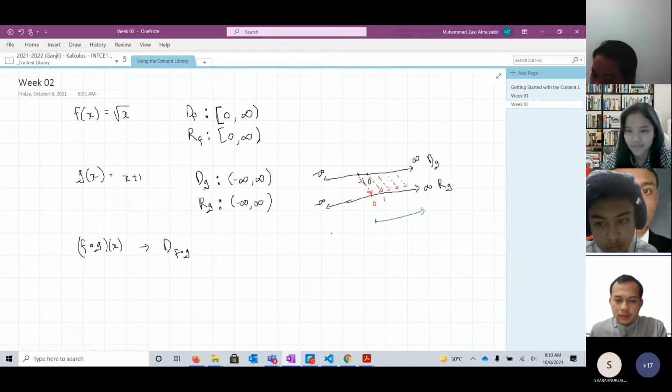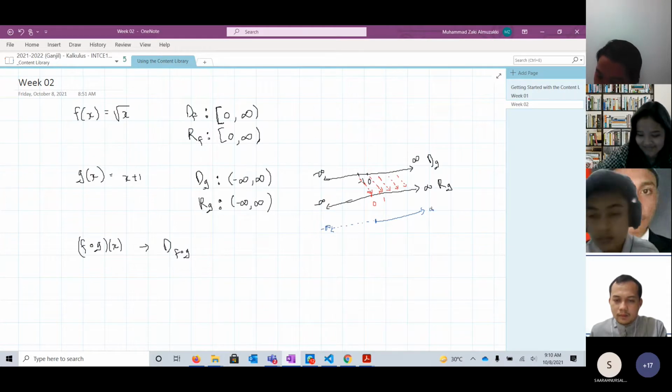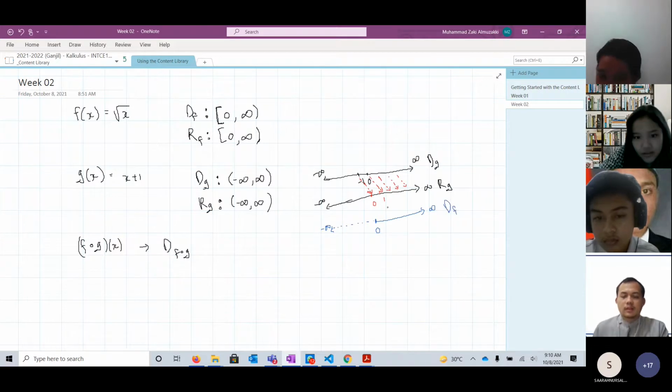The domain of f is only from 0 to infinity.